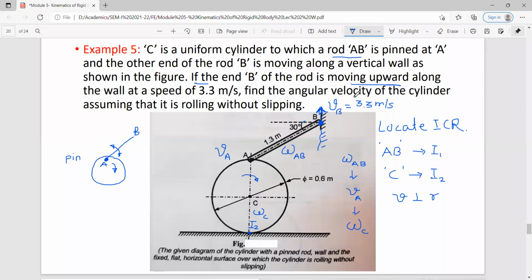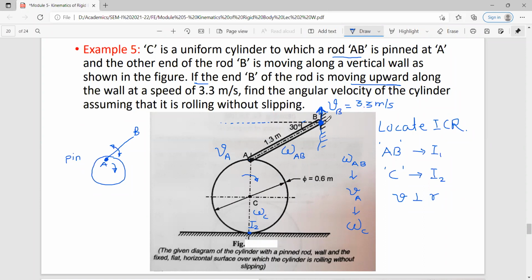So if we draw a perpendicular to the velocity from point B like this, I am going to get the ICR on this line somewhere. No doubt this line can also be drawn in the opposite direction. Instead of left, I can also draw it on the right side. Initially I don't know, but I have drawn it.